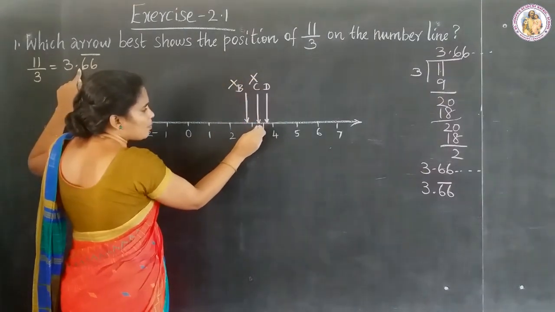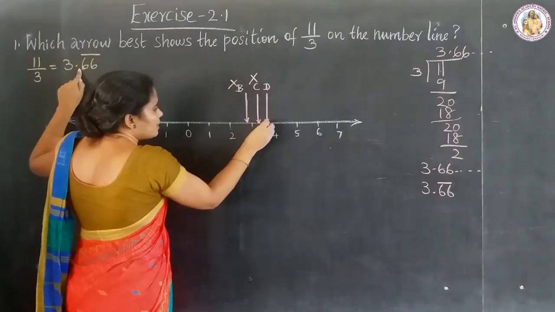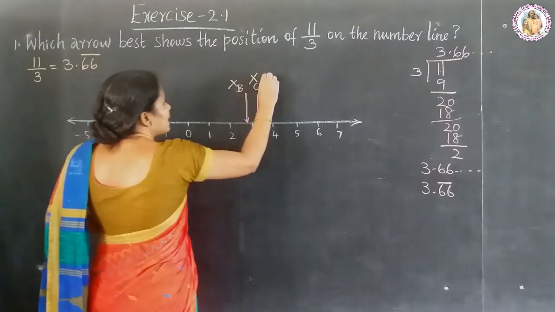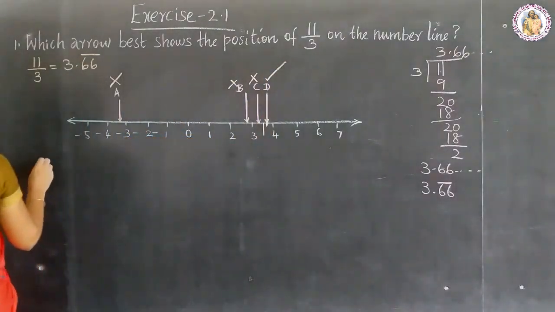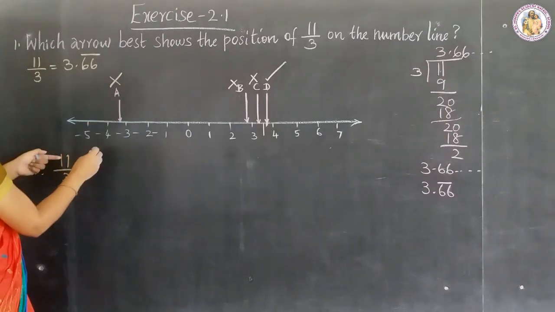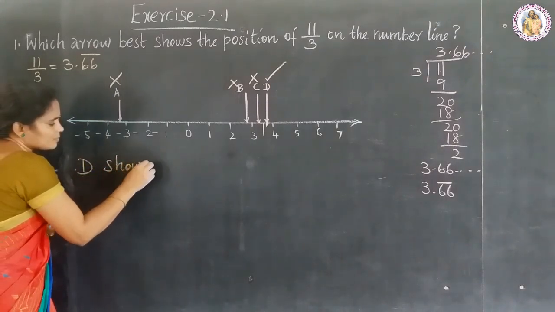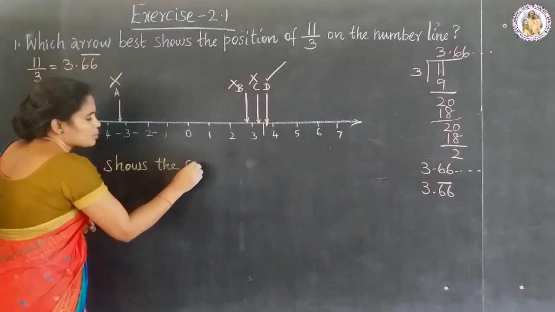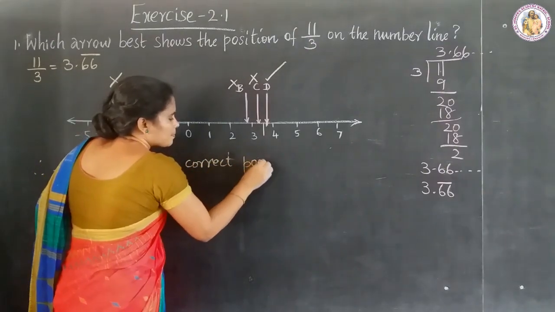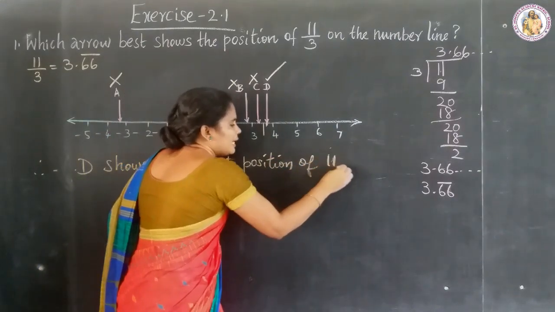So after 3.5 we can see D, that is 3.66. So D shows the correct position. Therefore D shows the correct position of 11 by 3.